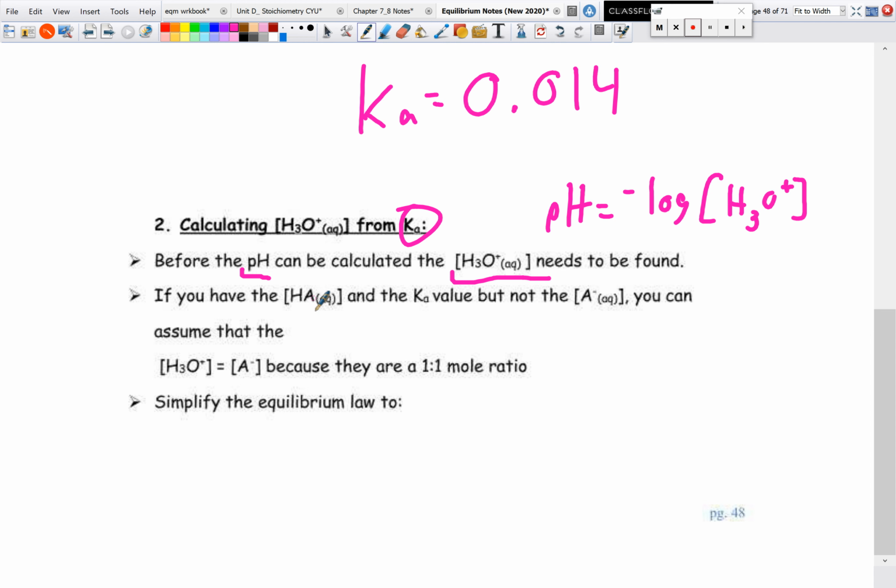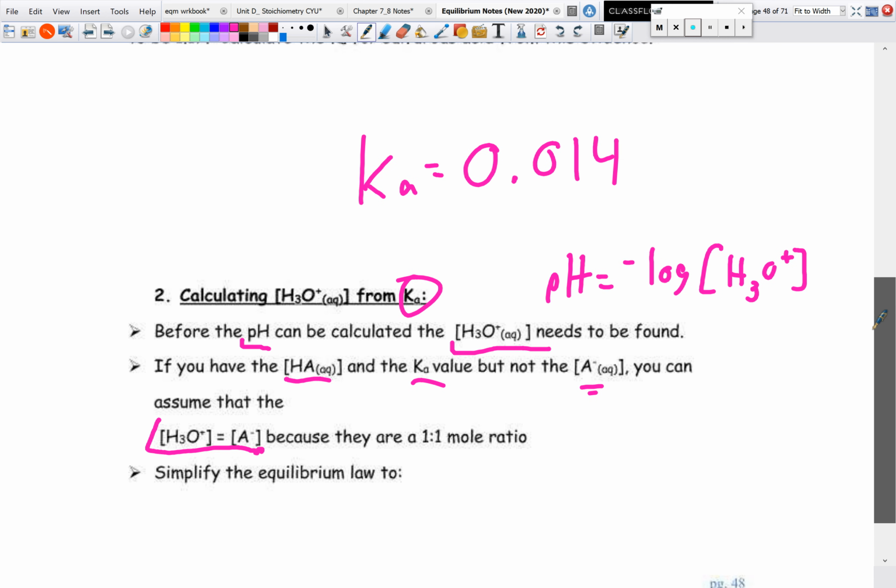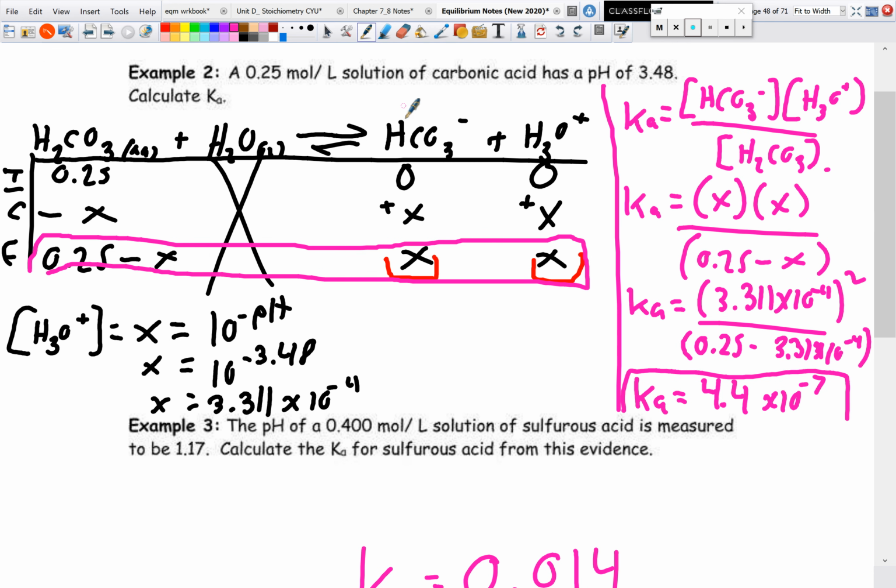Now, if we only have the concentration of the acid that we start off with and its ionization constant value, but not the concentration of any of the other ions, we can assume that the concentration of hydronium and the concentration of the anion are always going to be the same. The reason for that is the ICE table. We've seen it up here: this was the A minus, and this, of course, is our hydronium.